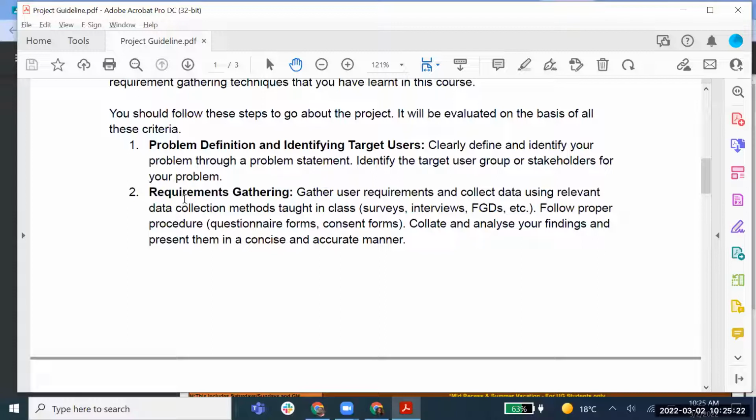So the next part is the requirement gathering. As rightly mentioned, we need to gather user requirements and collect data using relevant data collection methods taught in the class. Surveys and interviews we have briefly discussed. Follow the proper procedure, questionnaire form, consent form, collate and analyze your findings and present them in a concise and accurate manner.